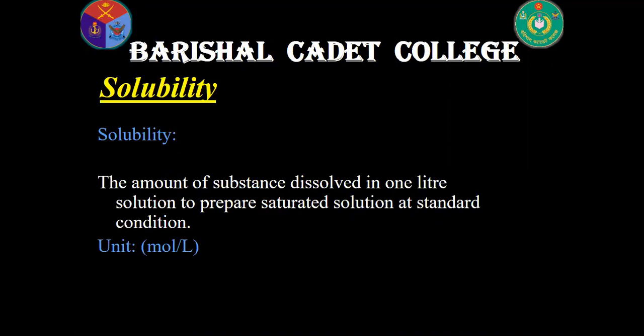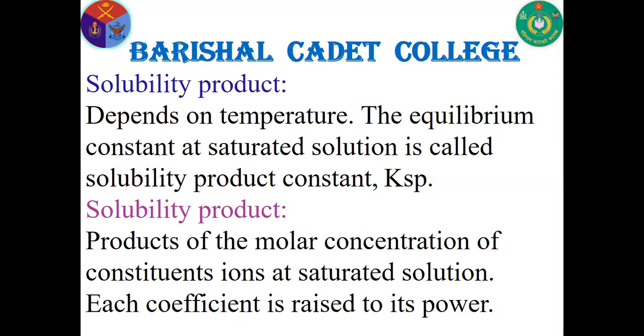So, solubility product depends on temperature, not the concentration of the constituent ions. The equilibrium constant of a saturated solution is called the solubility product constant. It is denoted by Ksp.